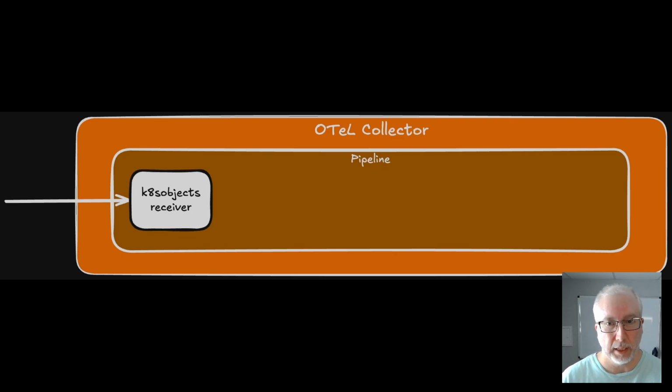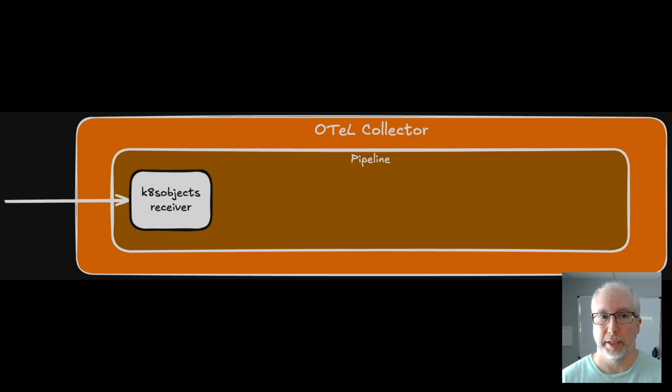So for example, here we have defined a Kubernetes objects receiver. This particular receiver will access the Kubernetes API to retrieve the objects from Kubernetes and then pull them into the pipeline for processing. However, the OTLP receiver, which is the format for OpenTelemetry, will open an HTTP and/or gRPC port, depending on your configuration, to receive data sent to it.